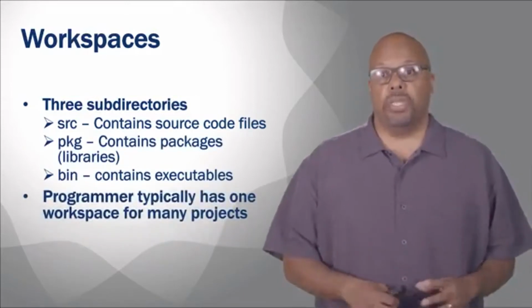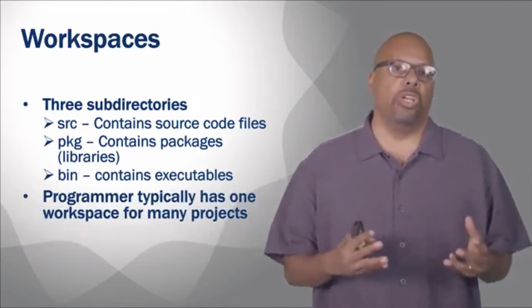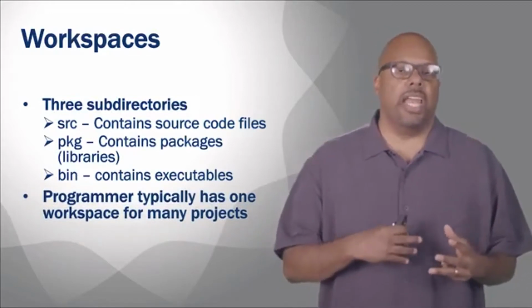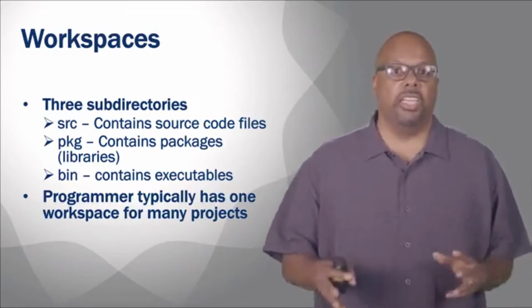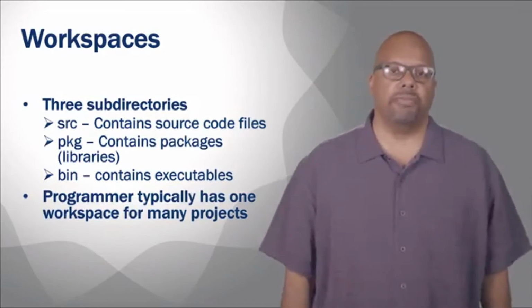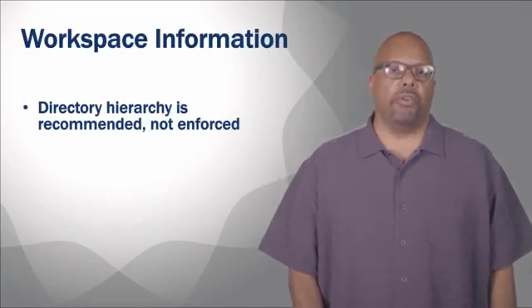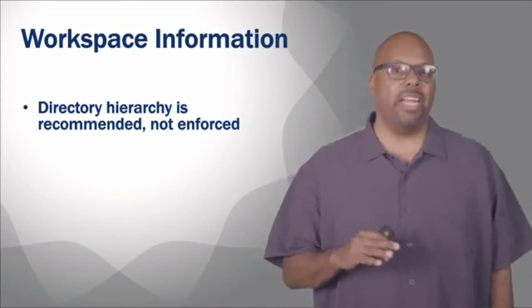Now, the programmer typically has one workspace for many projects. I typically use my one workspace directory, and I can have 20 different Go projects I'm working on in the same workspace directory. That's common. You don't have to do that, but it's common. One thing to remember about this directory hierarchy is that it's recommended, but it's not enforced.